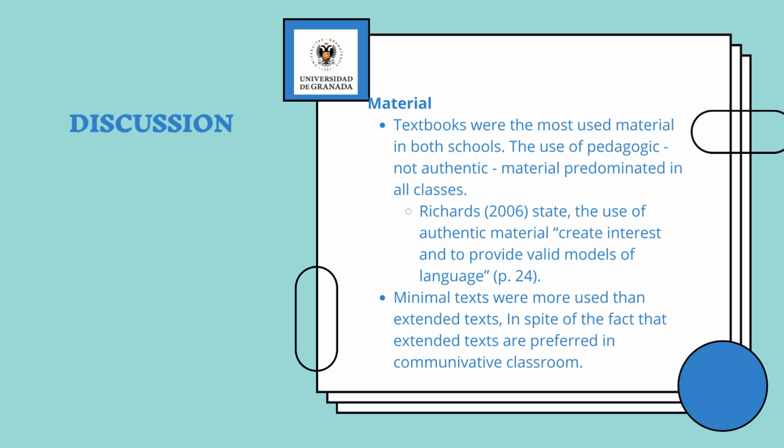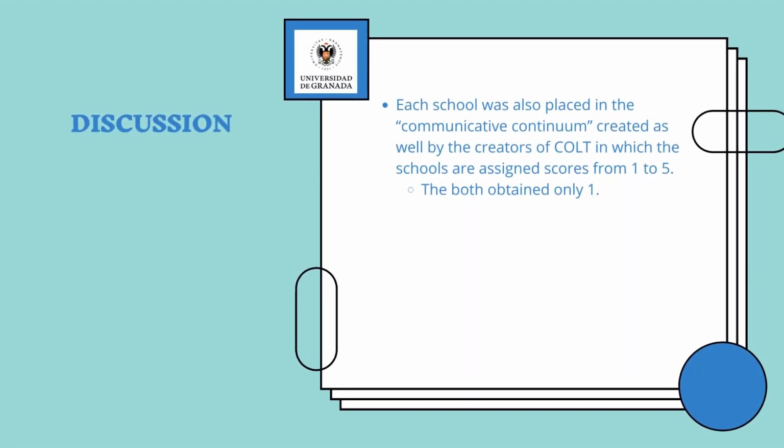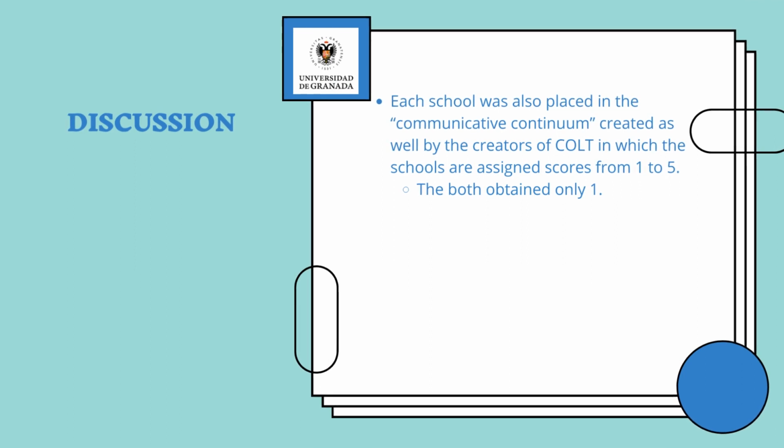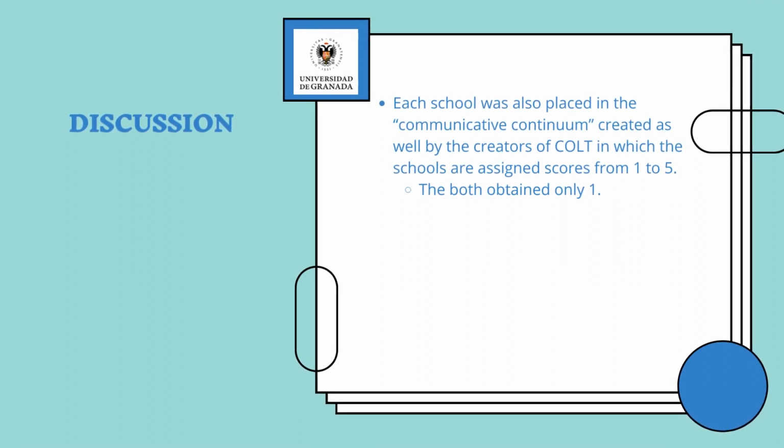So the analysis based on the COLT scheme revealed that all the 7 classes in the study are a mixture of traditional teaching and a more communicative approach. Also, each school was placed in the communicative continuum created by the creators of COLT. Each school is assigned scores from 1 to 5, and both the Finnish and the Spanish school obtained only 1.